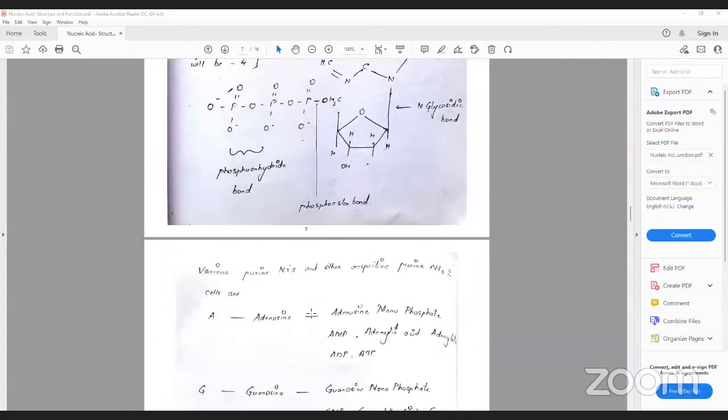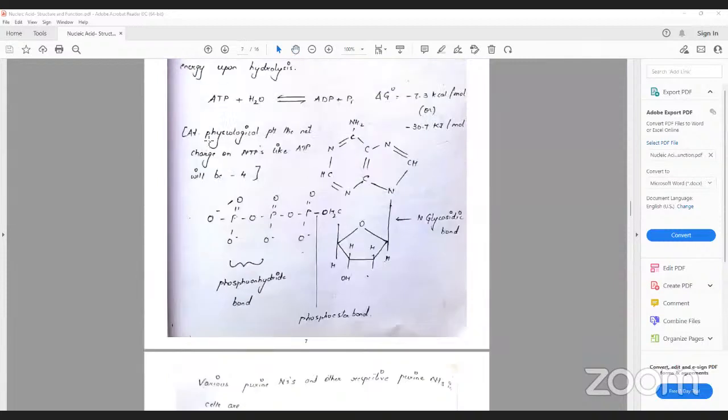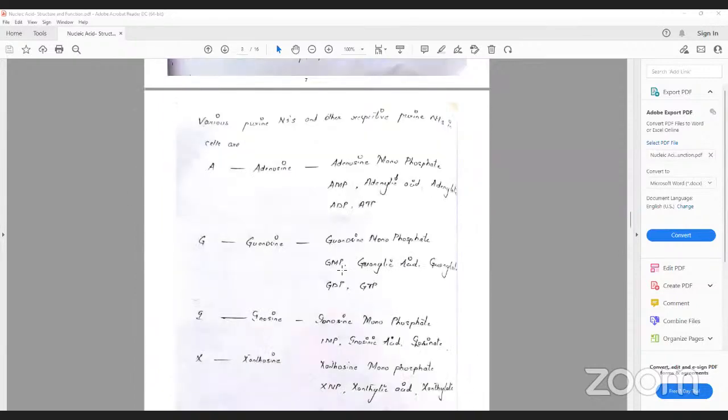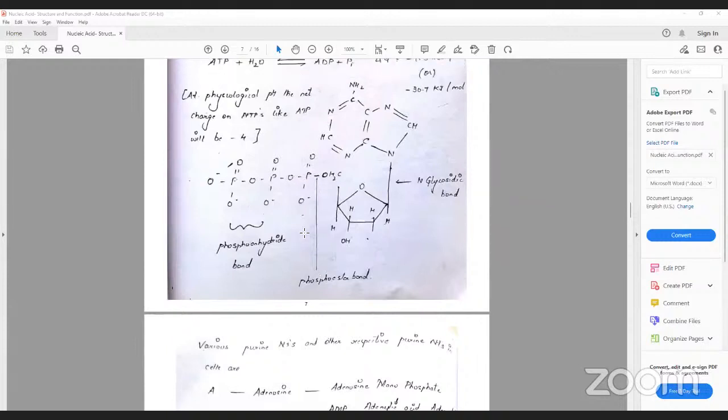So now, coming to ATP charges. As I said, the overall charge on ATP or any NTP at physiological pH will be -4. Now, if you want to know the labeling of the phosphates, for ease of understanding, the first phosphate linked to the sugar is considered alpha, then beta, and then gamma.